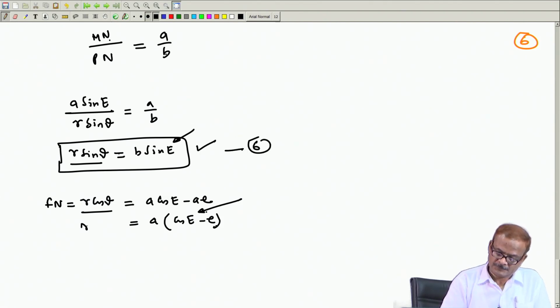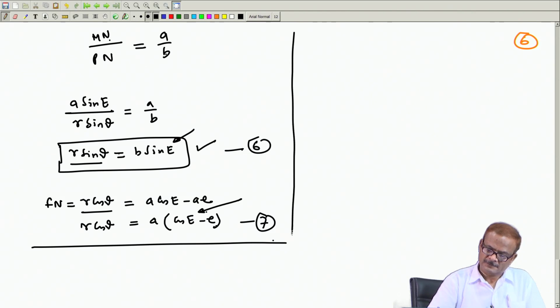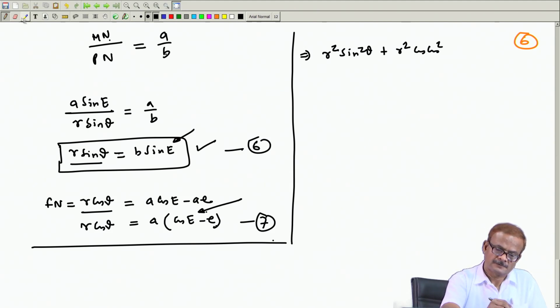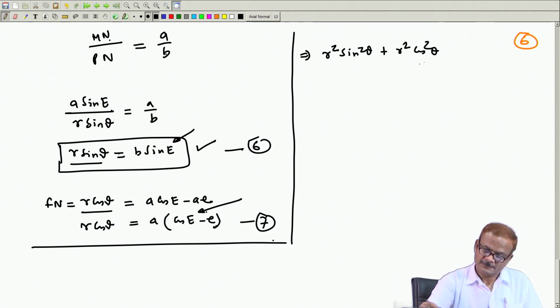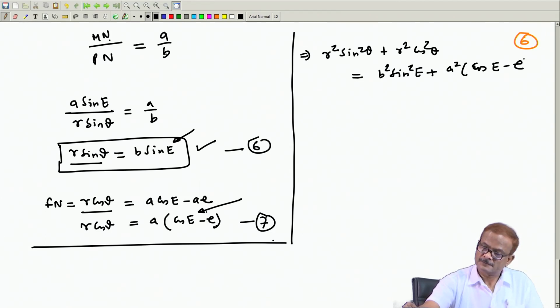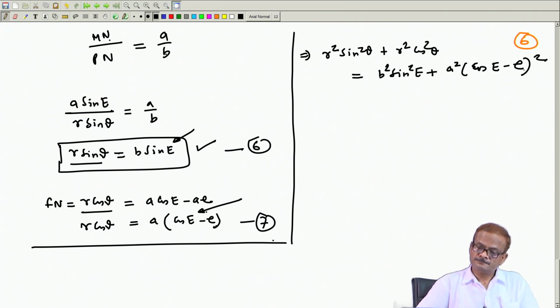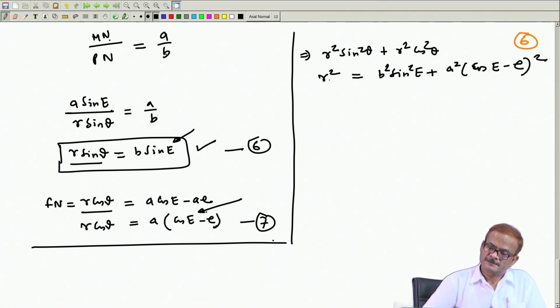This is 6, this is 7, and the next logical step will be r squared sin squared theta plus r squared cos squared theta, which equals b squared sin squared E plus a squared times cos E minus e whole squared, or this gives us r squared.